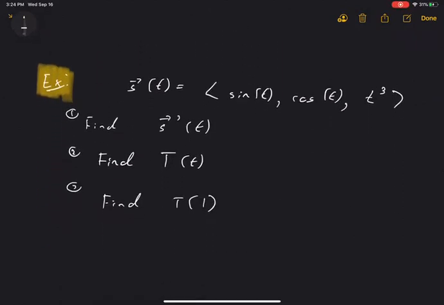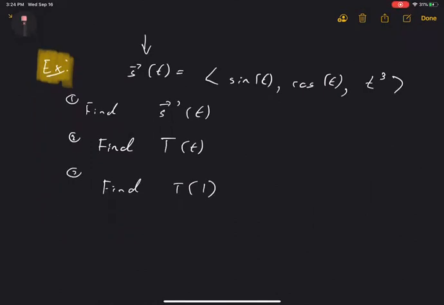So let's assume our s of t, our vector valued function, is given by this here: sine of t, cosine of t, t cubed. So let's do these 3 problems, and feel free to pause and do them on your own. Let's find s prime of t, let's find the unit tangent vector, capital T of t, and then let's find T of 1.